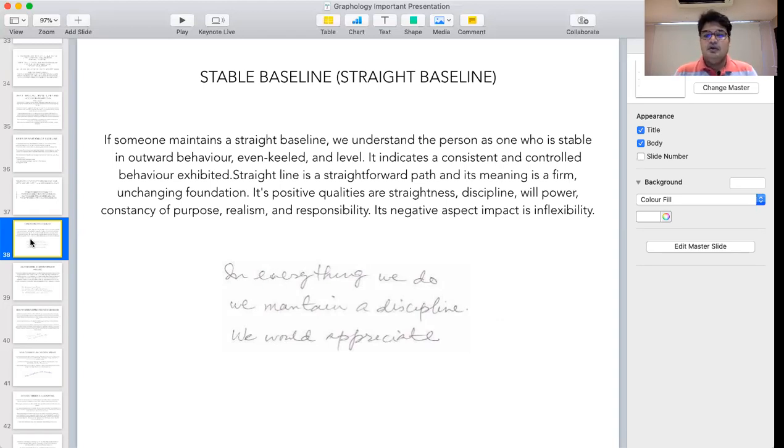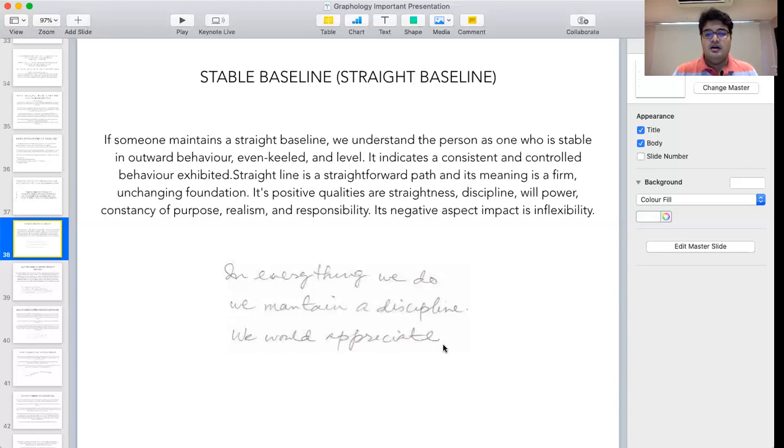Basically, someone who is extremely disciplined by nature, someone who likes to follow a particular set of routine in every single aspect of their life would have a stable or a straight baseline. So just notice over here, absolutely straight. In everything we do, we maintain a discipline.